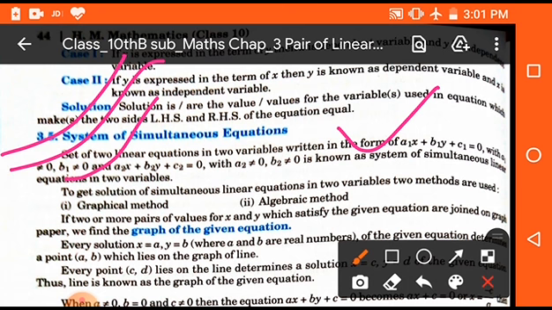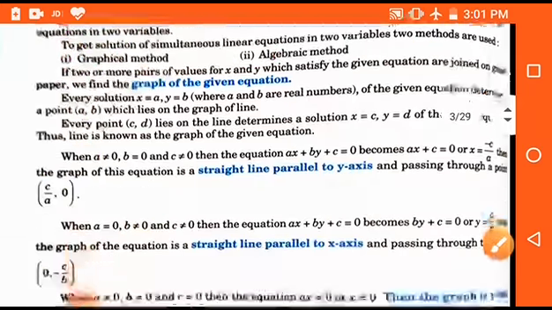To get the solution of simultaneous linear equations in two variables, two methods are given. First method is the graphical method and the second one is the algebraic method. Clear students?